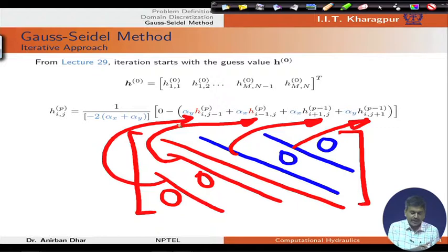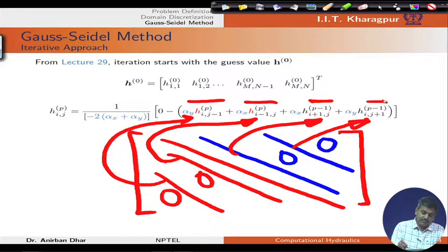What we can do, we can transfer it on the right hand side, again we will get updated values for our lower triangular one. So, in this case we have these two updated values, and p minus 1, these are old values, and this is our central coefficient that we will get.